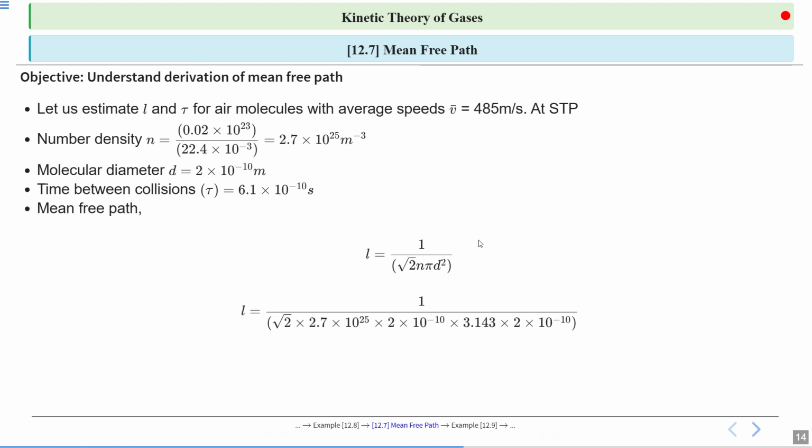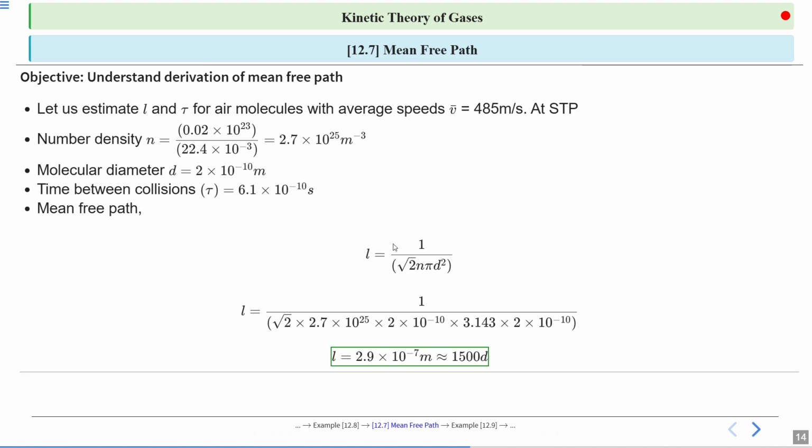So substituting the values into the formula, we have 1 upon root 2 into 2.7 into 10 raised to the power 25 into 2 into 10 raised to the power minus 10 into 3.143 into 2 into 10 raised to the power minus 10. This step involves plugging in the values for number density, molecular diameter and pi to calculate the mean free path.